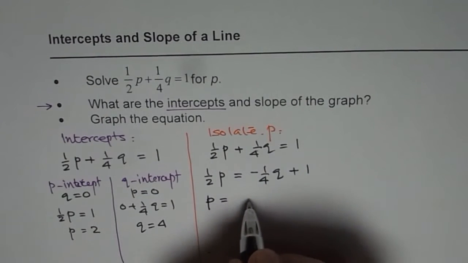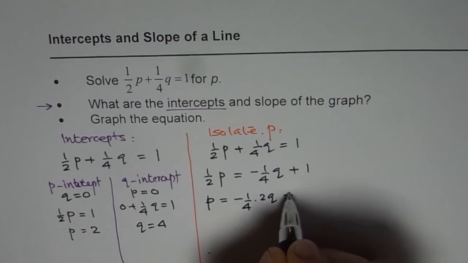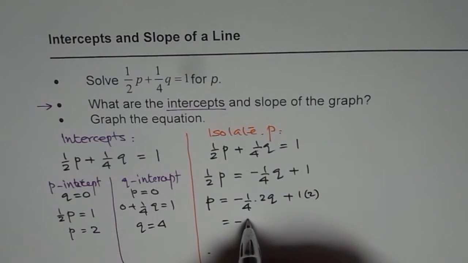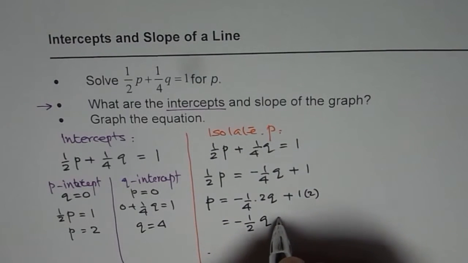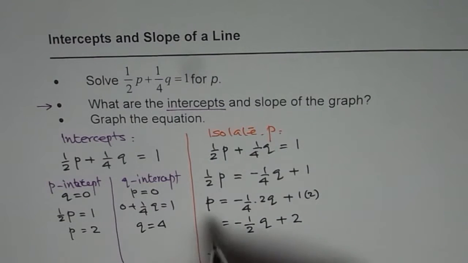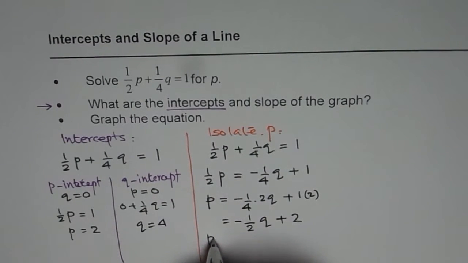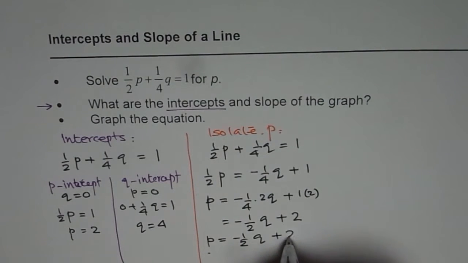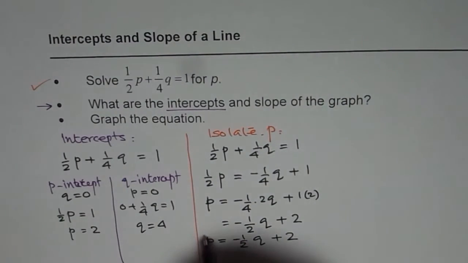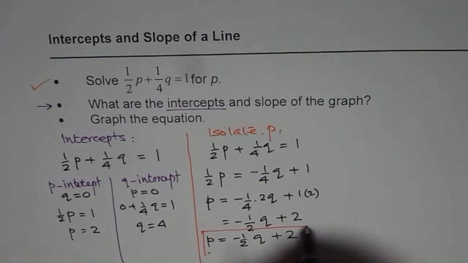So we get p equals minus 1/4 times 2q plus 1 times 2, which is minus 1/2 of q plus 2. That is how we can isolate p. So let me write it separately as p equals minus 1/2 q plus 2. So this is isolating p in terms of q.